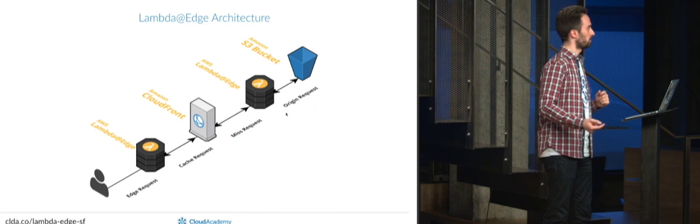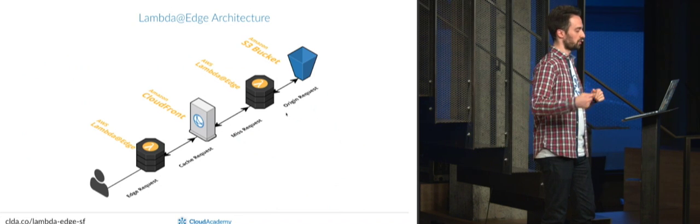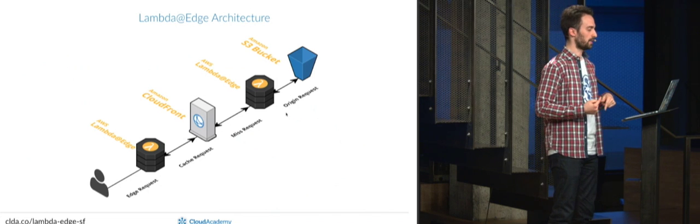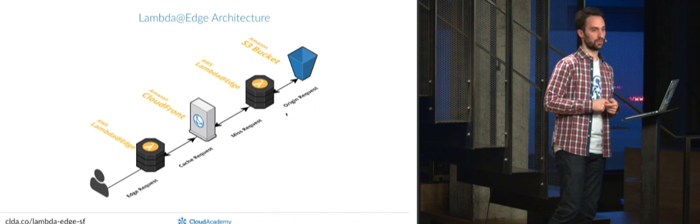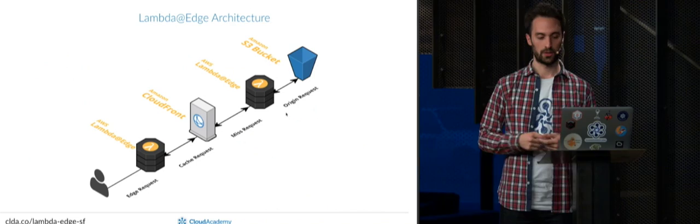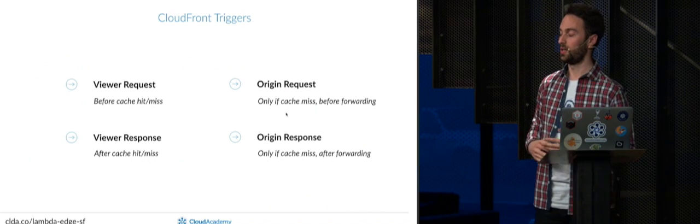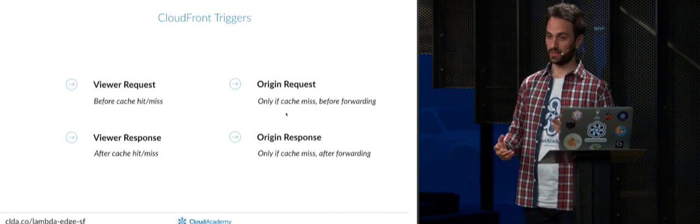Or you can execute the Lambda function after the origin returns the resource back, before caching it into the CloudFront distribution. So these are the 4 possible triggers that you have.